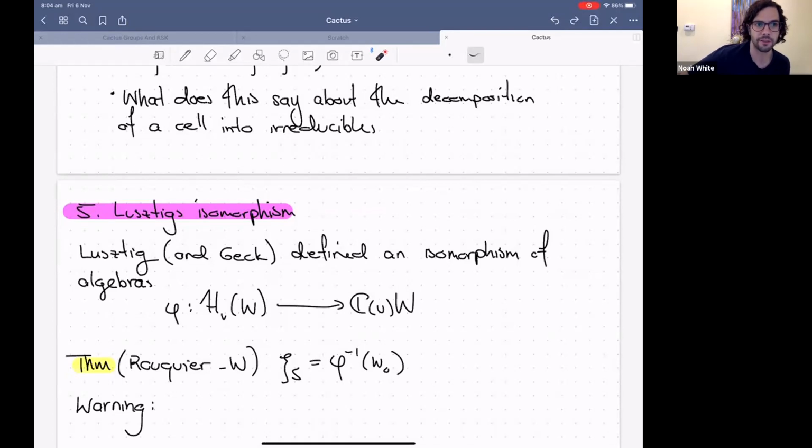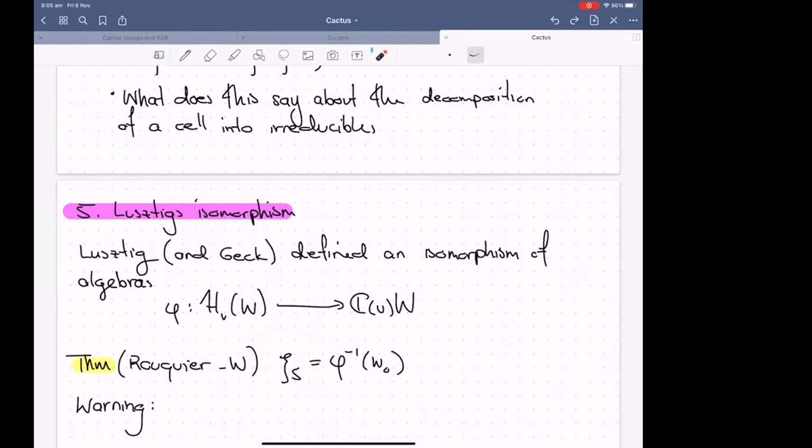The group algebra of the Coxeter group and the Hecke algebra are isomorphic algebras. And actually, these elements coming from the Cactus group are the pullback of the longest element in the group algebra. So if you want to categorify this picture, in some sense it's categorifying Lusztig's isomorphism, which is a strange thing to do, probably.